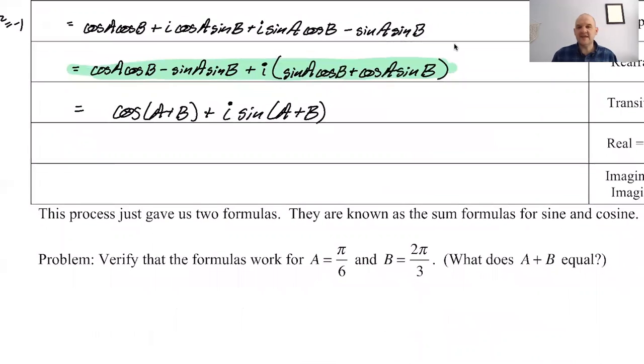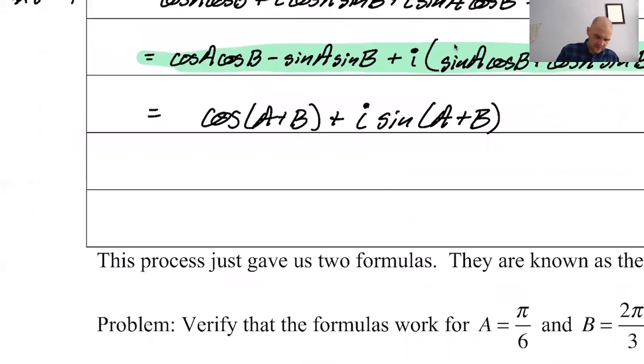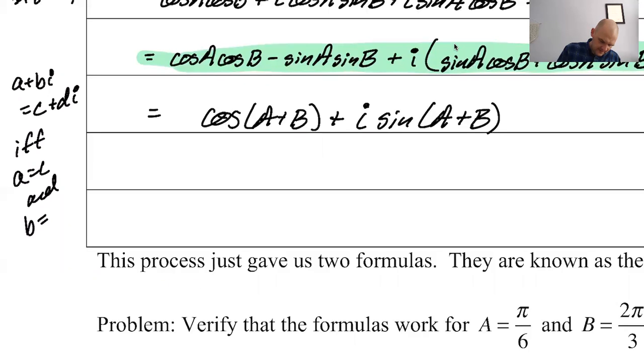So if that's the case, then this is one of those properties of complex numbers that you may or may not remember, where a plus bi equals c plus di if and only if, which is iff, a equals c and b equals d. That's the only way those can be true.